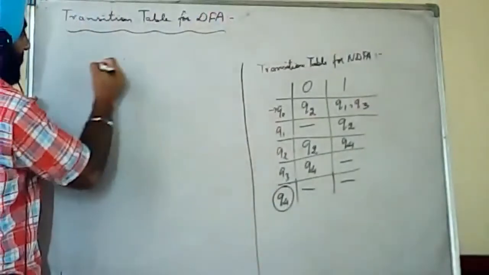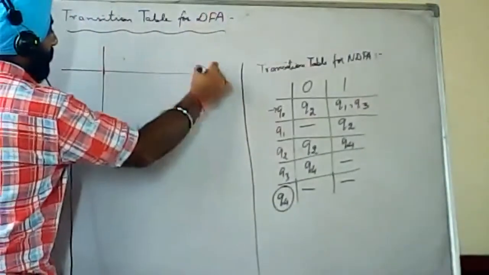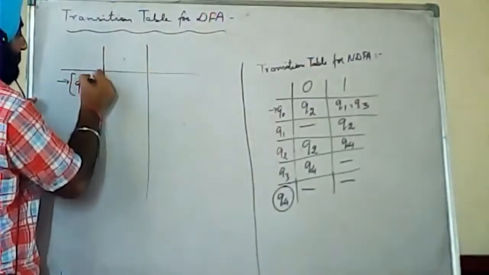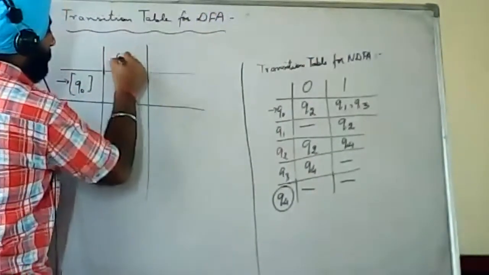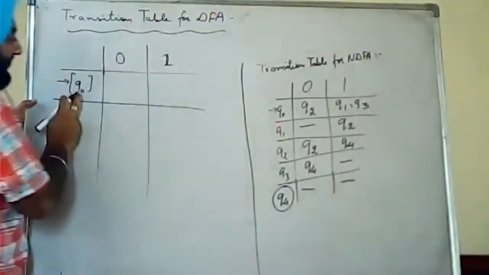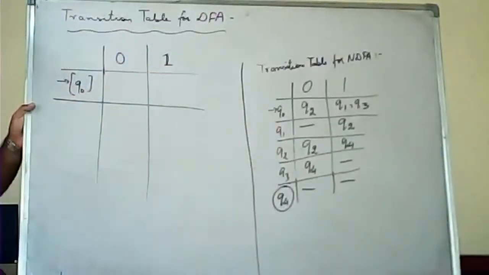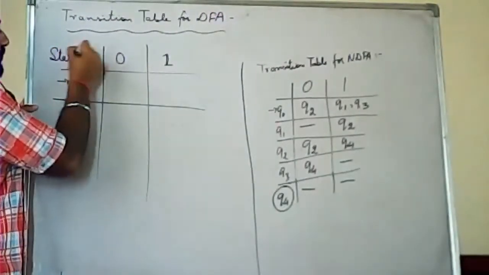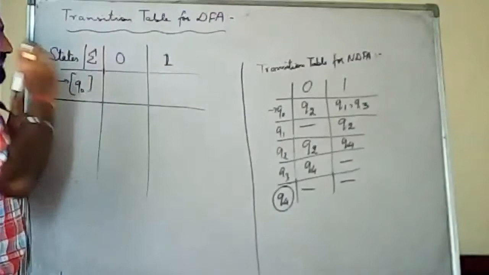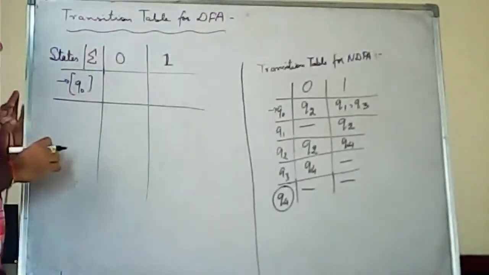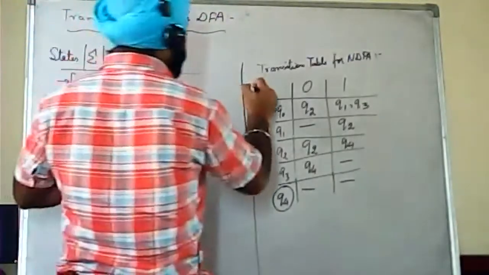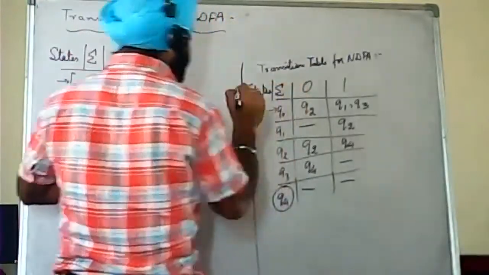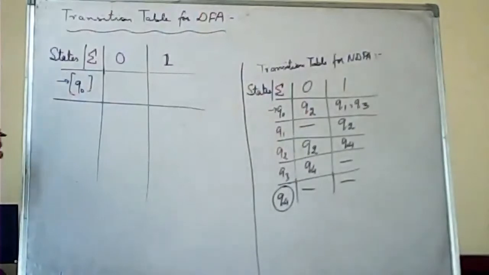You will have to start with the first row, that is your Q0, but this time you will have to represent your states with square brackets. So you will have to put the square brackets along with your states. States slash sigma, that is your input, states slash input alphabet sigma, right?